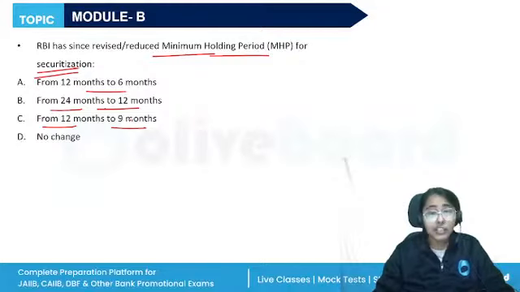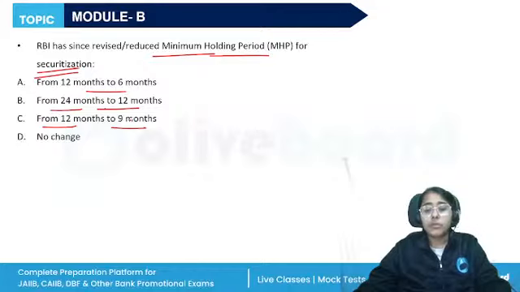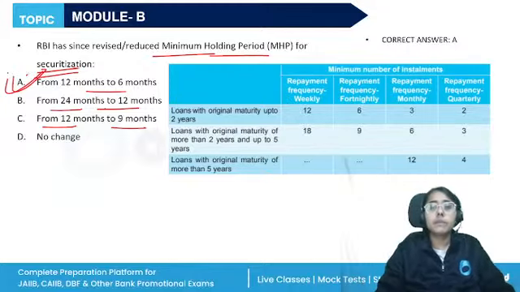This is done so that the project implementation risk is not passed on to the investors and a minimum recovery performance is demonstrated prior to securitization. All right. So RBI has now revised the minimum holding period from 12 months to 6 months. And this is the minimum number of installments, the repayment frequency, weekly, fortnightly, monthly, and quarterly that you can go through.